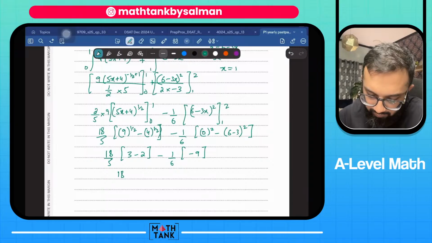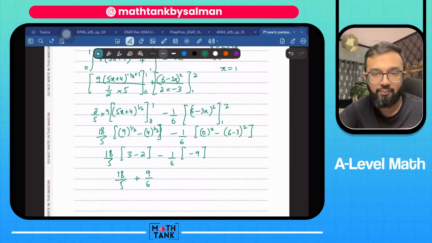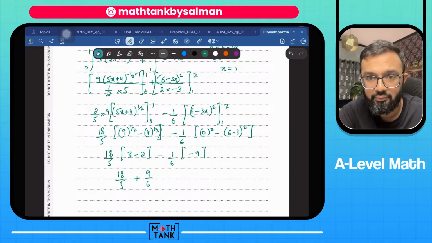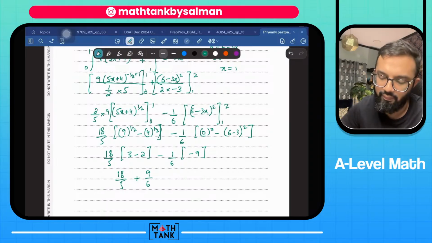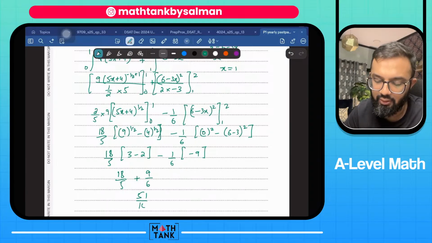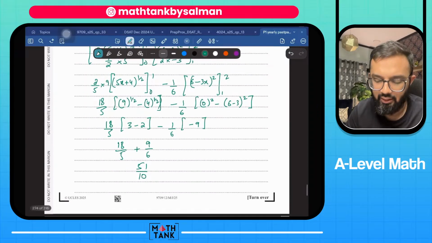So that's 18 over 5 plus 9 over 6. I think I may have made a calculation error. I am fine. 51 over 10 is the correct answer. I can also verify these from a calculator.